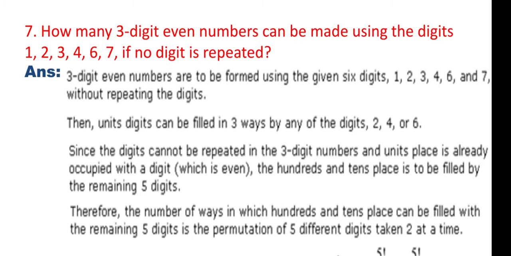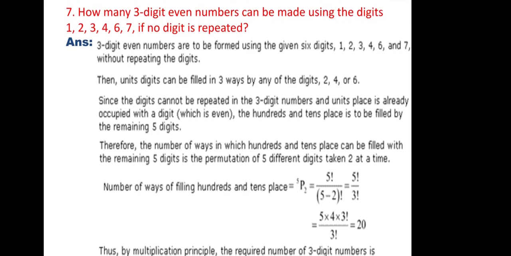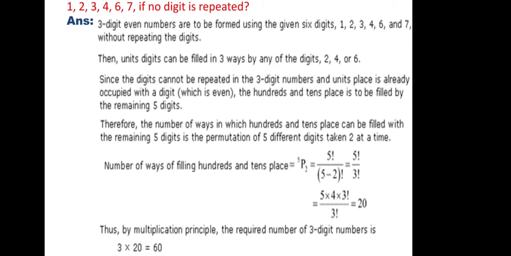Suppose one number is put in the unit place, how many numbers are left? 5 numbers. So the tens place can be filled in 5 ways, right? One number is put here, so one is less, and the 100 place can be filled in 4 ways.